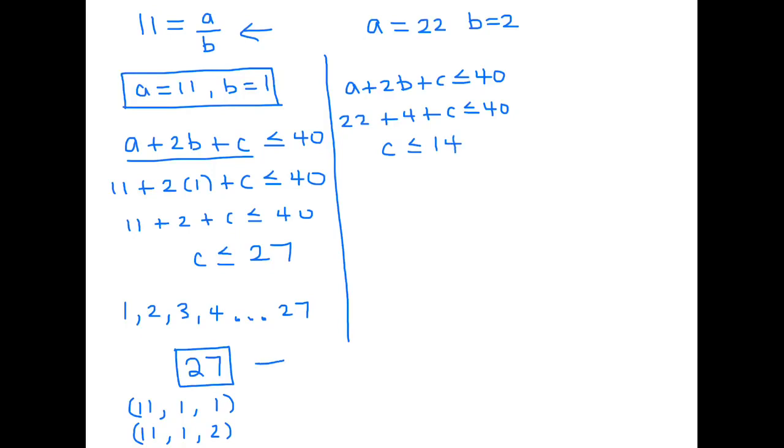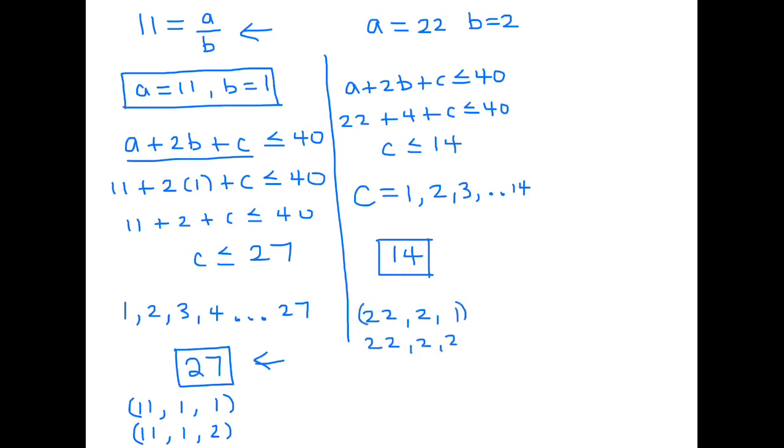So very similar to over here, c in this scenario can be 1, 2, 3, all the way up to 14. So that gives you an additional 14 ordered triples of the form 22, 2, 1, 22, 2, 2, all the way up to 22, 2, 14 for a, b, and c.